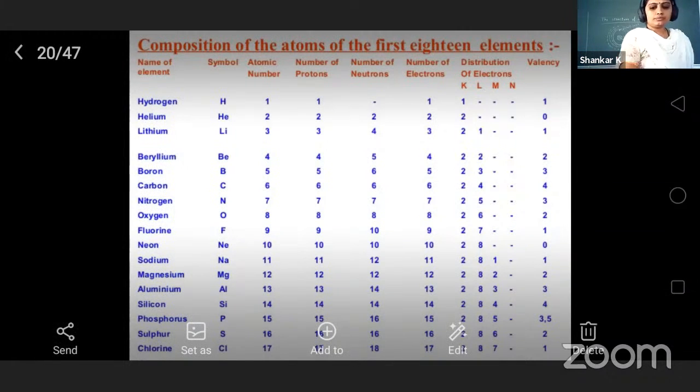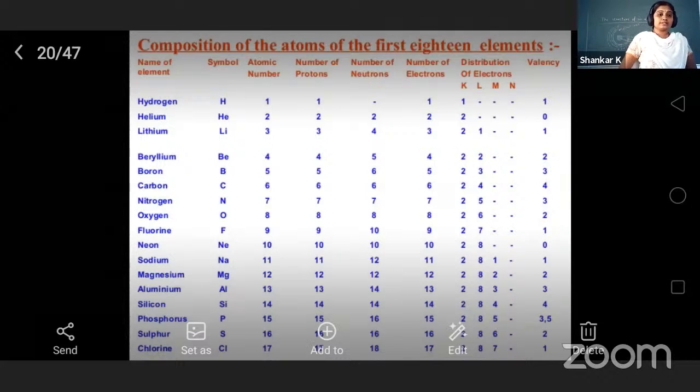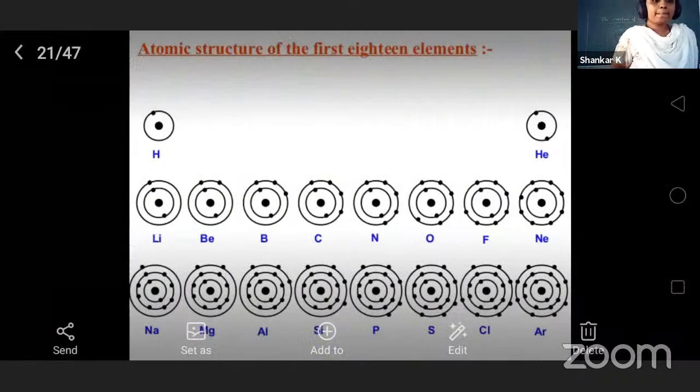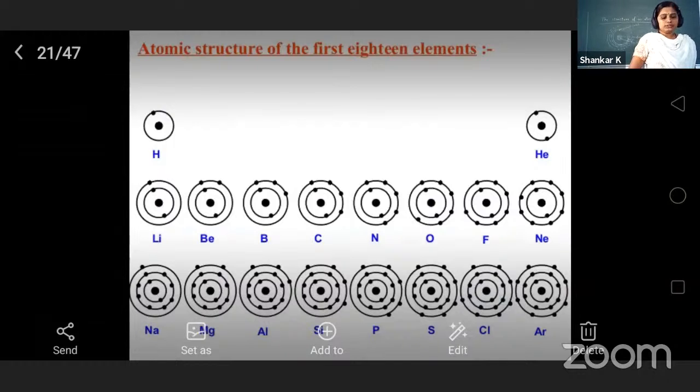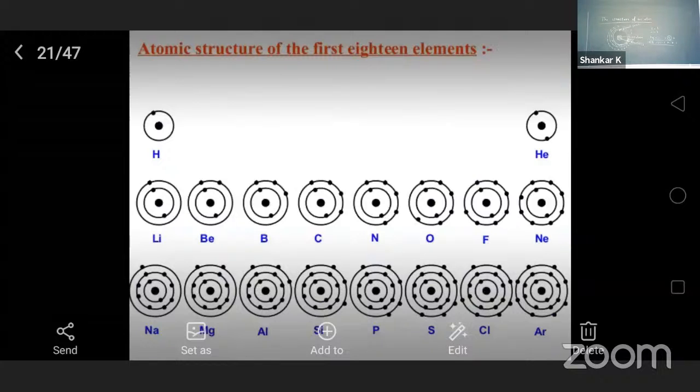So you can see all the numbers are given. We have already discussed this in the last lesson, and till valency number we have found it. Now, the atomic structure of the first 18 elements. We have to represent the electrons in the atom.